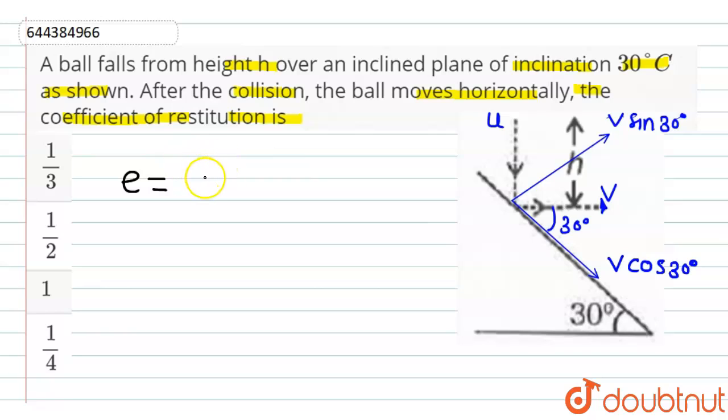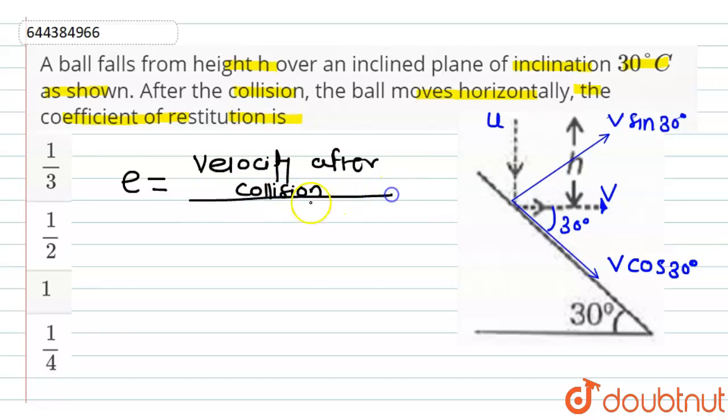So E will be equal to V, that is velocity after collision, divided by velocity before collision, along the line of impact.